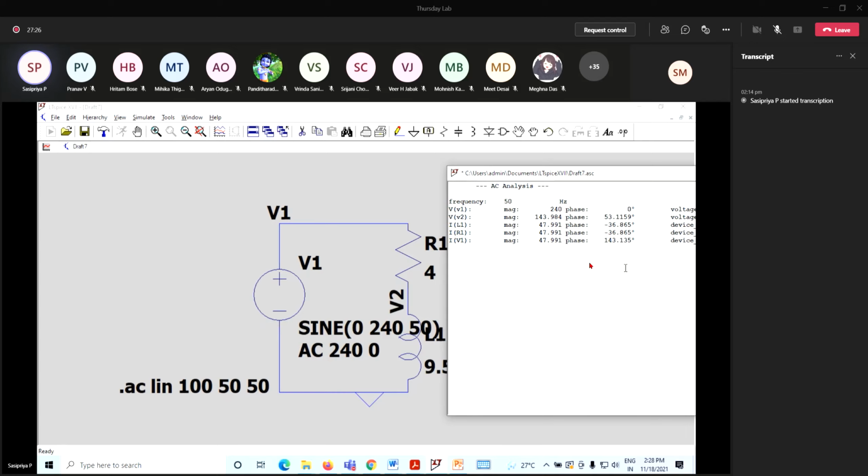So minus 36 minus 180 degree is roughly minus 216. Anti-clockwise direction is for positive angle. Clockwise direction is for the negative angle. So minus 216 is equal to plus 143. Okay, that way I can justify how this is 143.